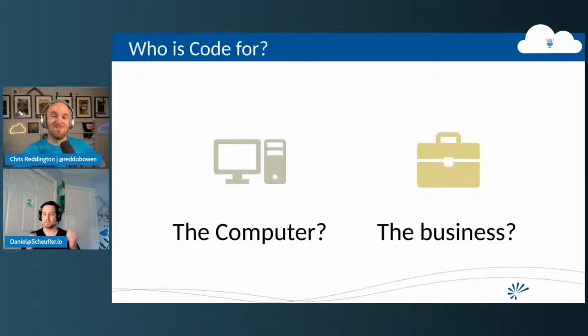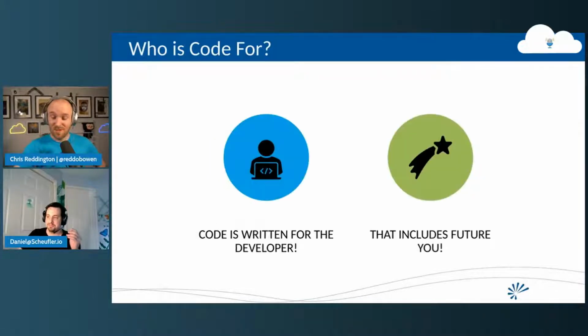Which is why they want a computer to do it. So the computer isn't the target audience. The business isn't the target audience either. They just bear with it as a necessary evil, which is why they think of us as a cost center. So we're writing it for other developers. And that has to include, as we've already discussed, that future version of ourselves where we've forgotten half of this.